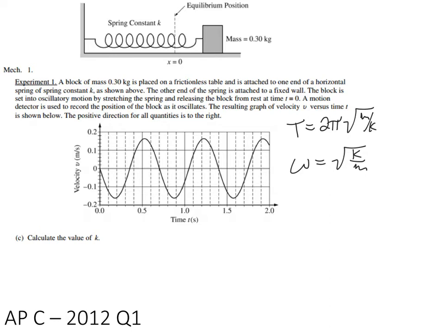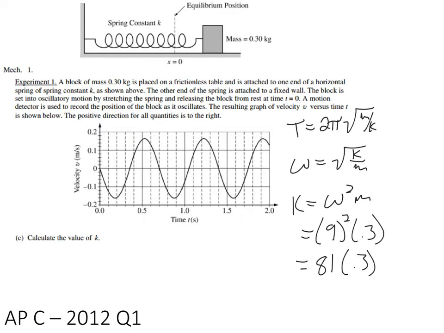Move some things around, and you get that k is equal to omega squared m. Omega, if you remember, was 9. Mass is 0.3. So this ends up being 81 times 0.3, so k will equal 24.3.